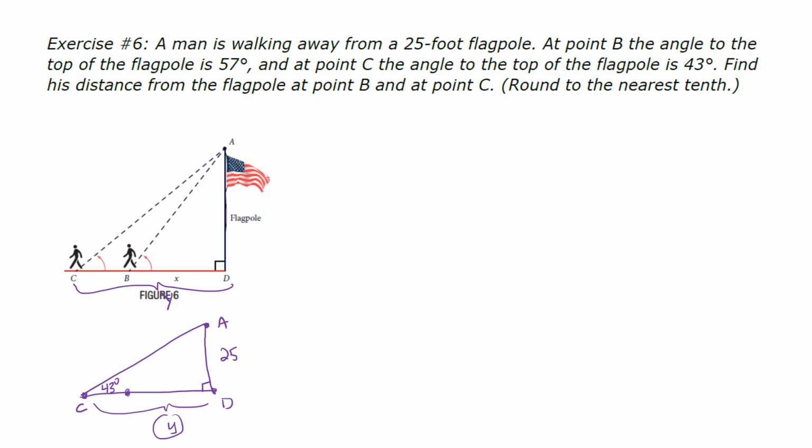So we can use the similar process that we used to find x to find y, because we know our angle, we know its opposite side is 25, and we're trying to find its adjacent. So the tan of C is going to be lowercase c over y.